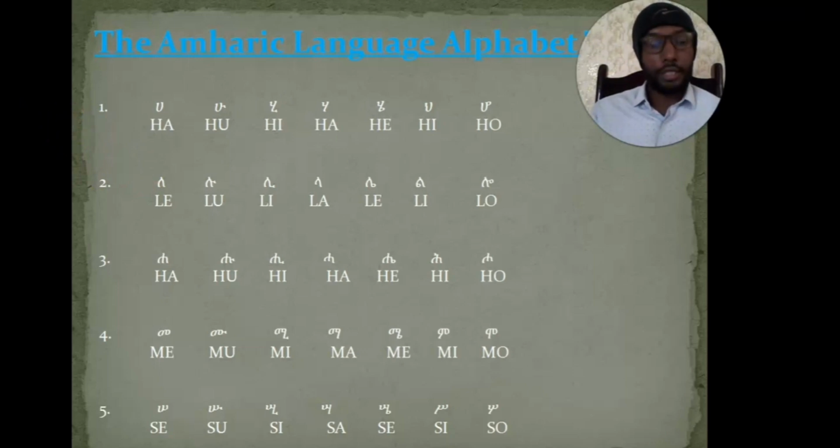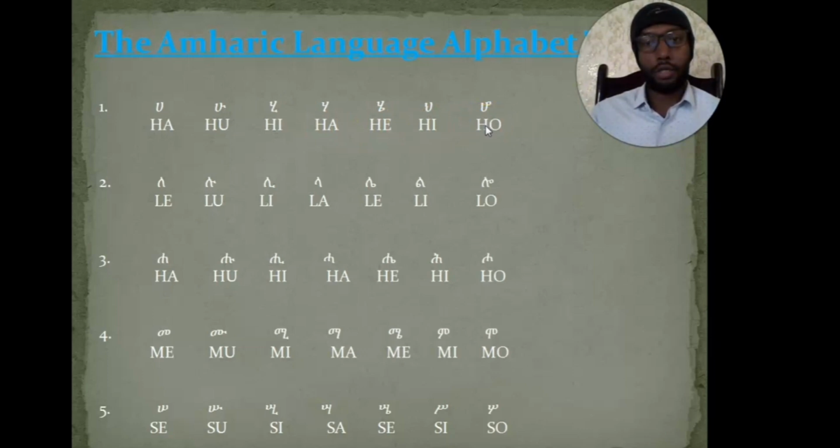In English, the number 1 English alphabet is A. So similarly in Amharic, the first Amharic alphabet is called Ha. Ha, okay? This one. It has 6 subgroups under it. 1, 2, 3, 4, 5, 6. So the first Amharic alphabet is called Ha, and its subgroups are Hu, Hi, Ha, He, Her, Ho.